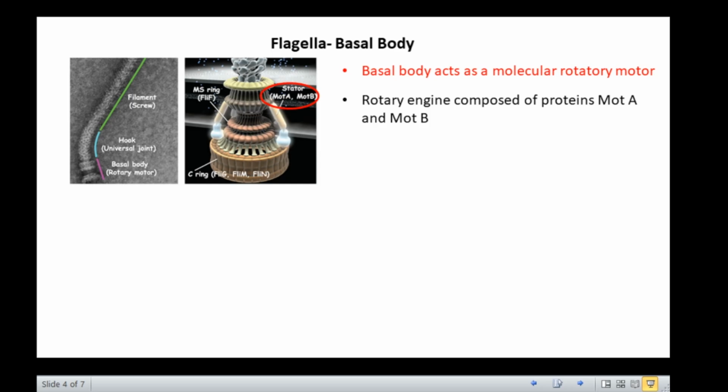Obviously, for the motor to rotate, energy is required, which is provided by proton motive force, that is, by the flow of protons across the bacterial cell membrane due to a concentration gradient set up by the cell's metabolism. The rotor transports protons across the membrane and is in turn turned on in this process.